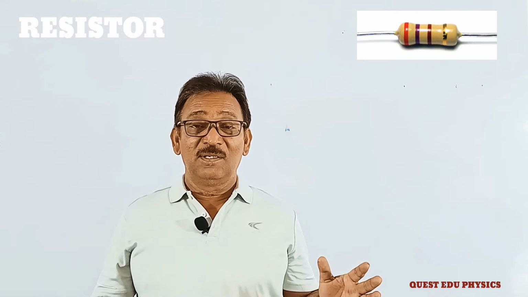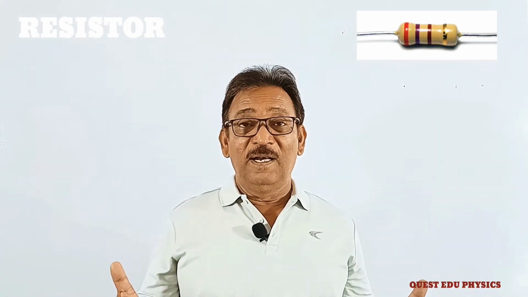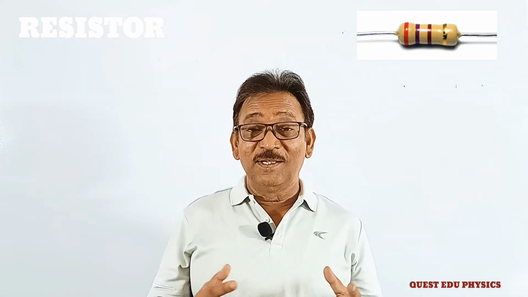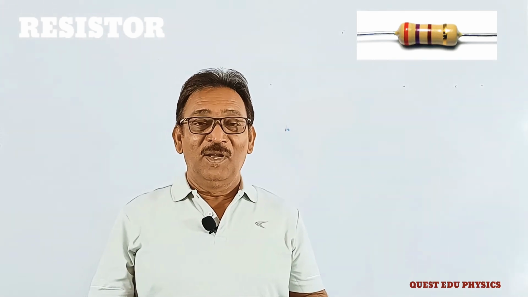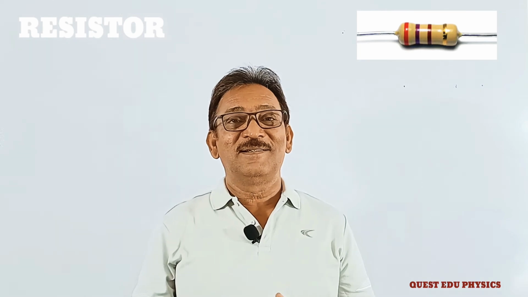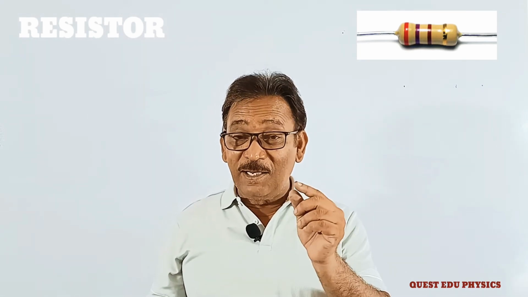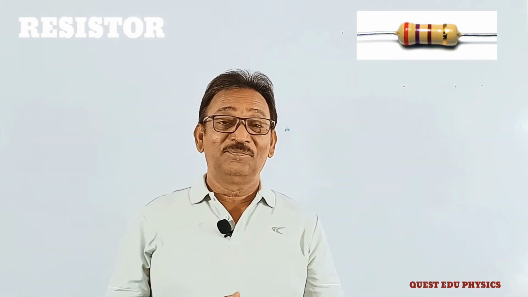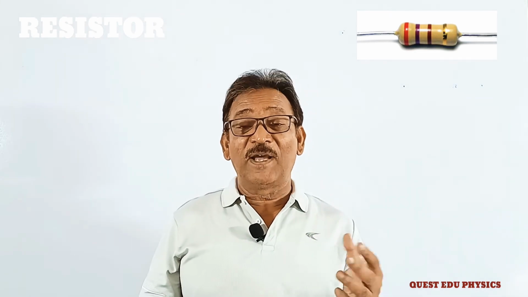Okay, students. In electric circuits or in daily used electric appliances, we use the resistor. In LED TVs, we use resistors because LEDs, light emitting diodes, as you know, are very sensitive, and the light variations will come when the current fluctuates.